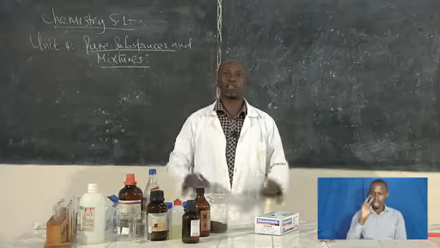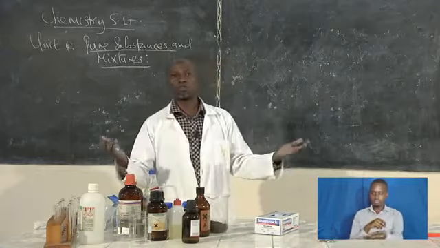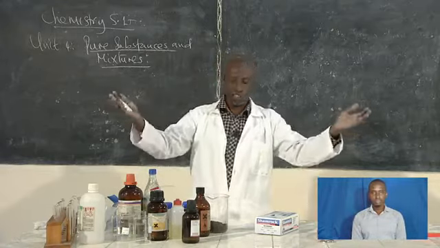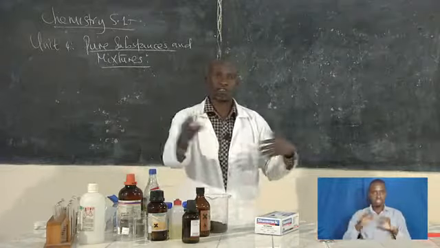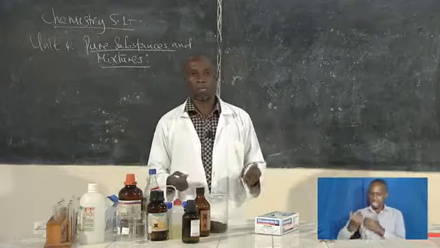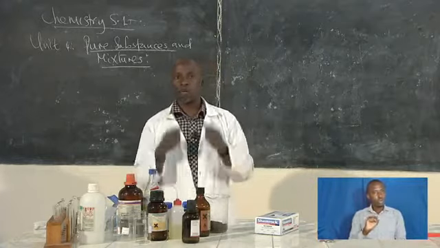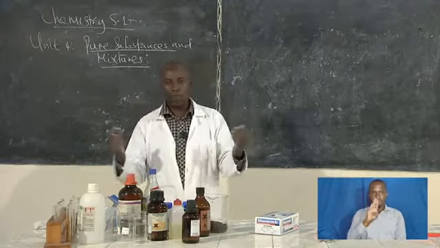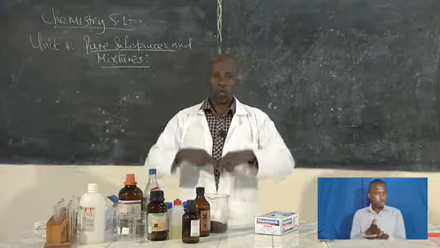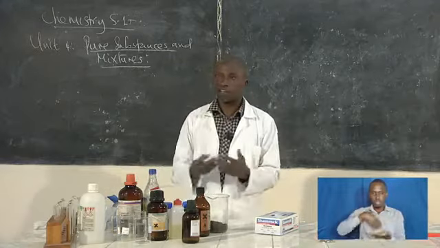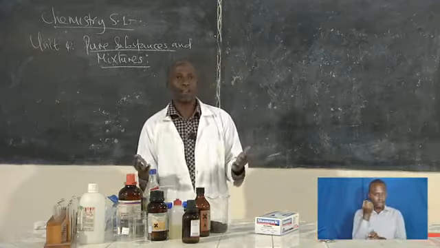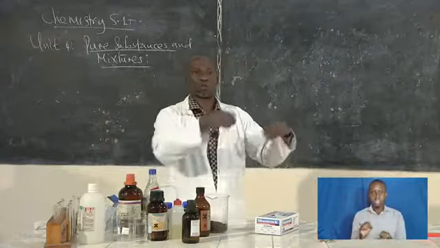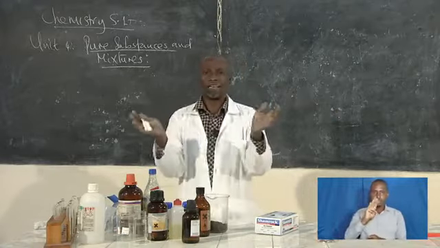So look around yourself. Look around where you are seated now. What can you see? Probably you can see some chairs, some plates, whatever is around you. Can you tell whether that substance is pure or is a mixture? A mixture, in layman's understanding, is a substance with different materials or components put together.